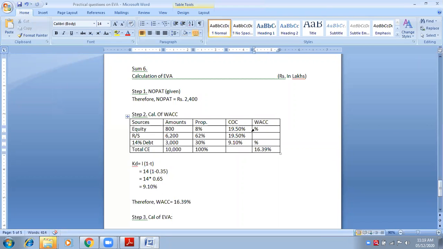Get me the answer for equity. 8 into 19.50 percent is 1.56%. Very good. 62 into 19.50 percent is 12.09 percent. Next, 30 into 9.10 percent is 2.73%.